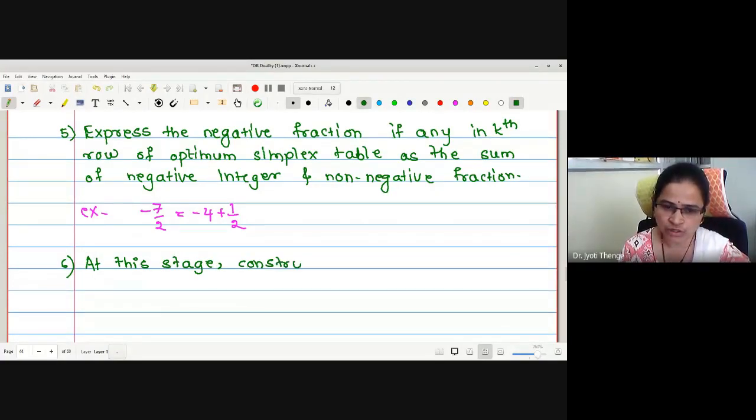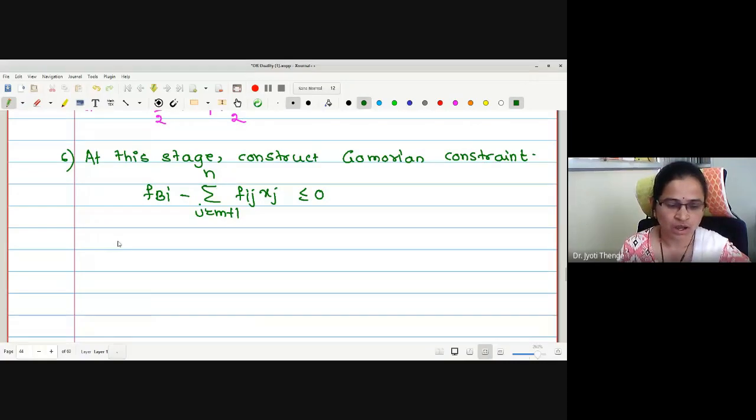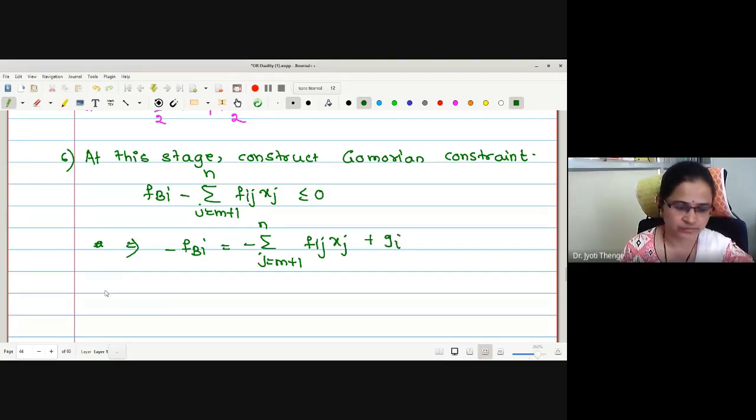The Gomorian constraint we have written is f_Bk minus summation j equals m plus 1 to n of f_kj x_j is less than or equal to 0, which implies, in equation form, minus f_Bk equals summation j equals m plus 1 to n of f_kj x_j plus g_k.